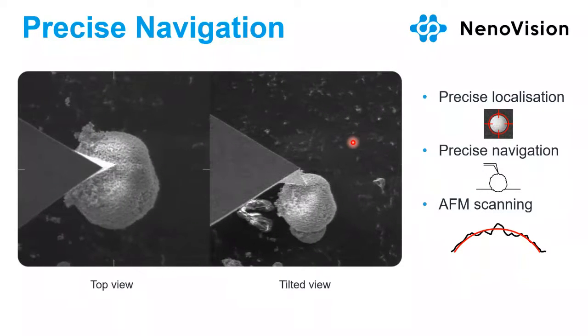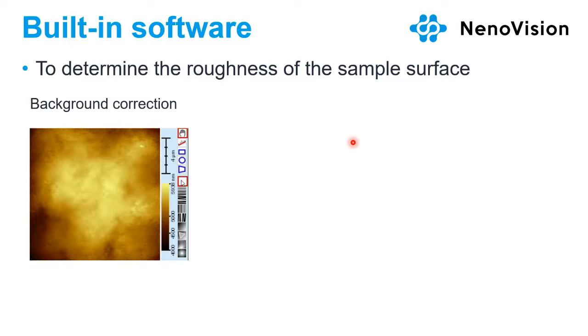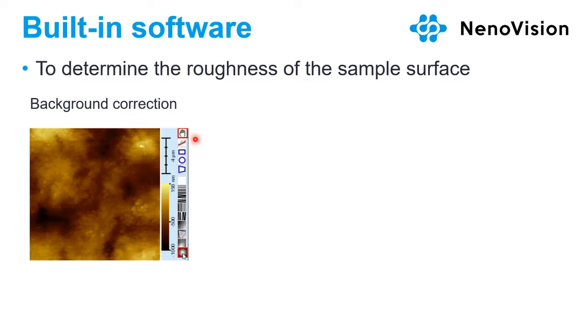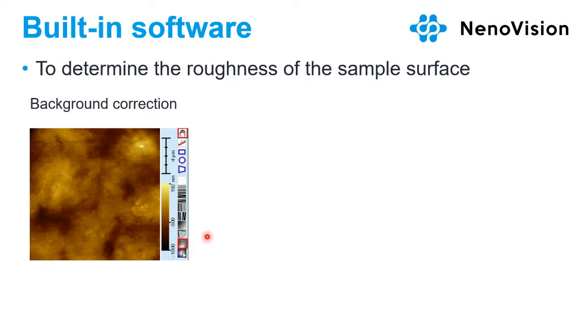This way we obtain the surface roughness, or we obtain the topography, and further we need to determine the roughness of the sample surface. We have the calculations built in the software. So first of all, we need to correct the background as it's a small particle. So we can choose polynomial or spherical fit, or there are others, in this case, not used.